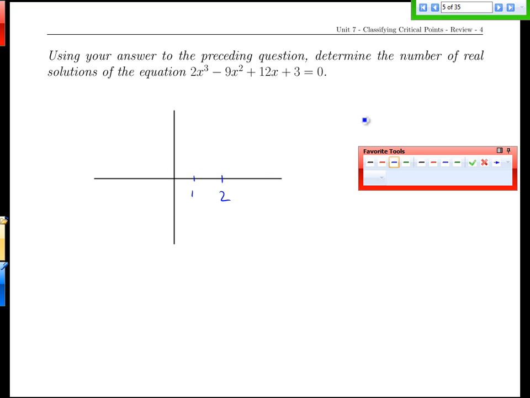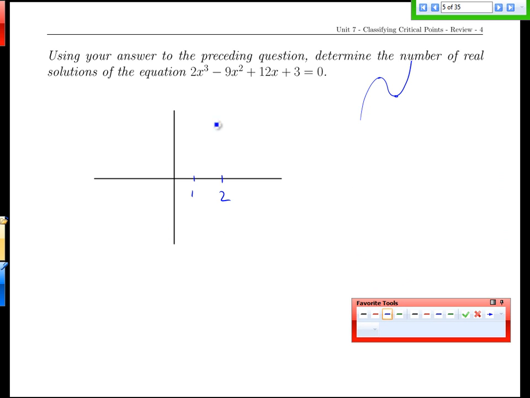Well, we know the graph looks something like this. What can we do to put that together with the landmark points at x equals 1 and x equals 2? Well, we can actually find the function value there, and that'll tell us where on these axes this graph lies. So f of 1 is 2 minus 9 plus 12 plus 3, and that's better known as 8.